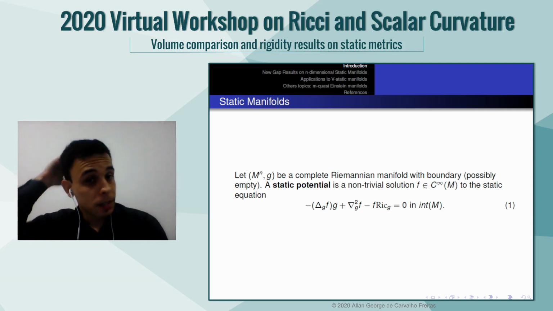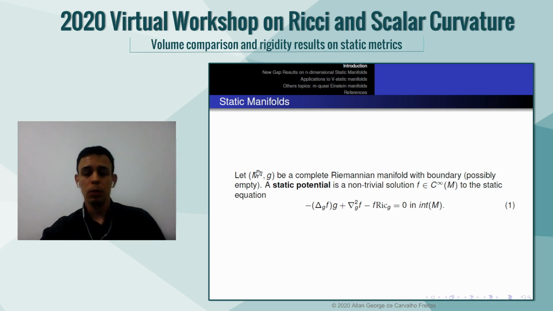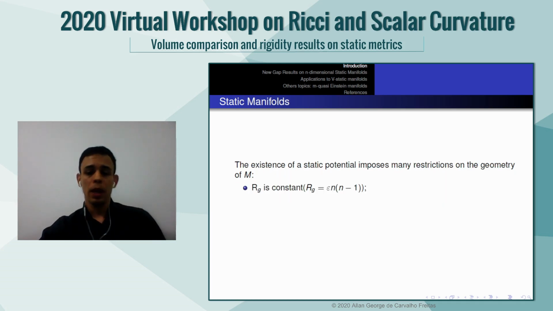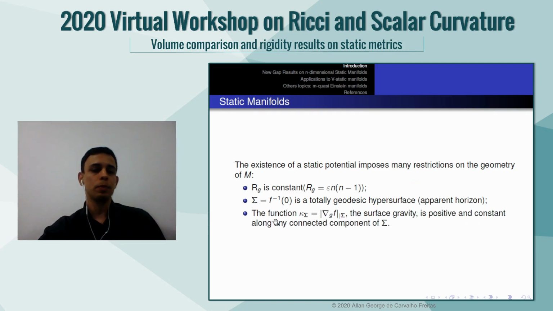We observe that if a Riemannian manifold has a static potential, we have many restrictions in the geometry. For example, if you take the divergence of this equation, you can prove that the manifold has constant scalar curvature. And if you consider the zero level sets, we can prove that these hypersurfaces are totally geodesic, and we can call these manifolds apparent horizons.